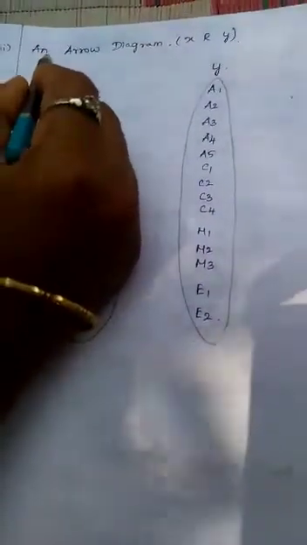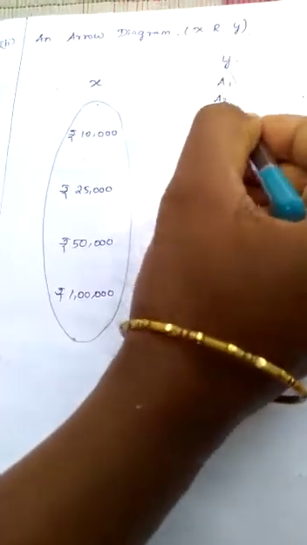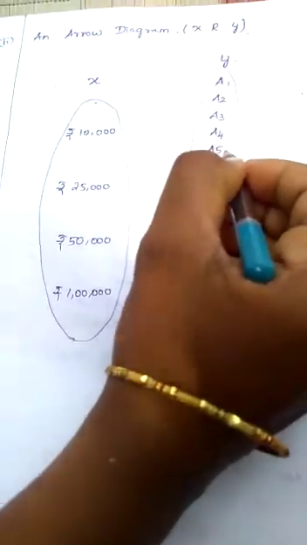Next we have to show this in an arrow diagram. X relation R: for 10,000, assistants A1, A2, A3, A4 and A5, so rupees 10,000 for A1 up to A5.